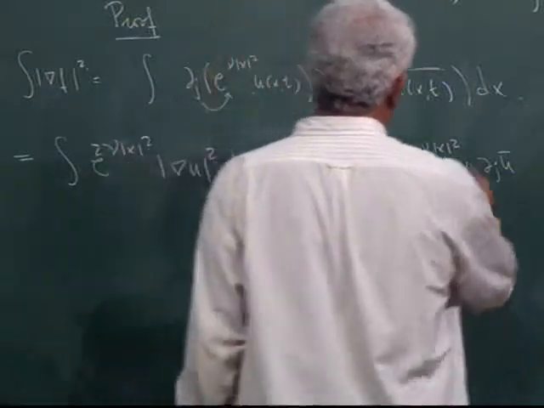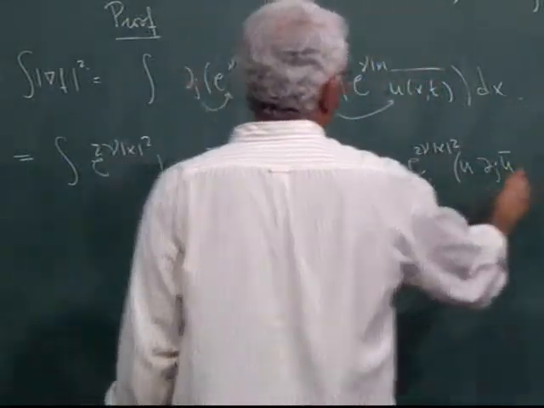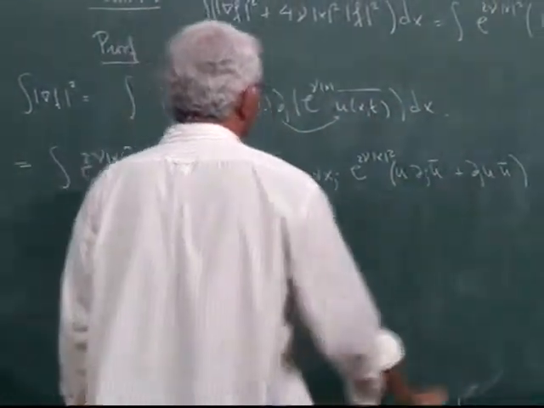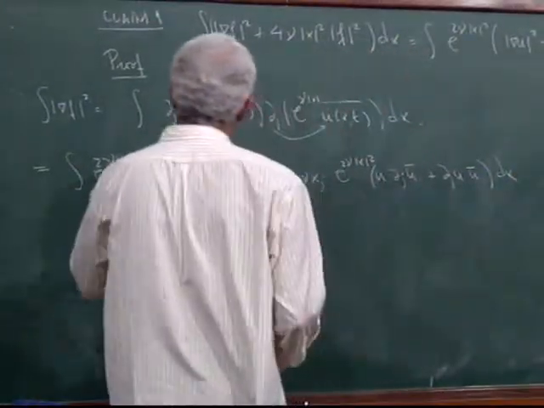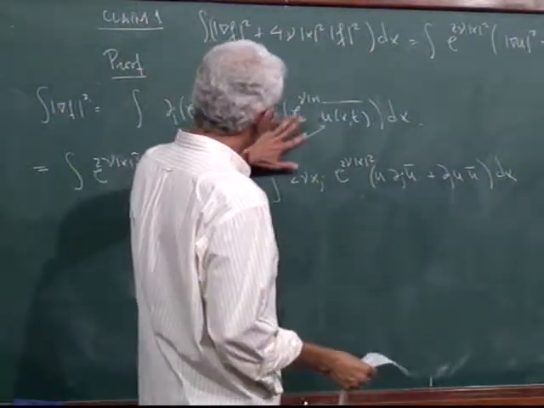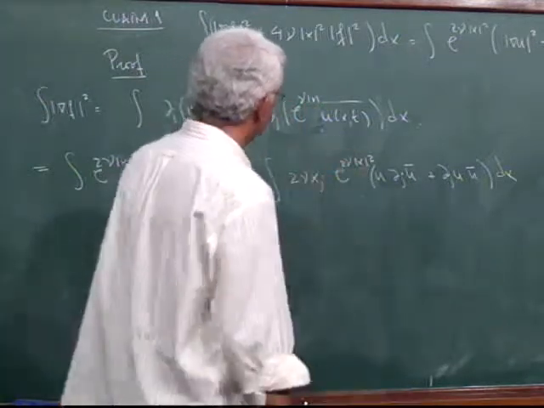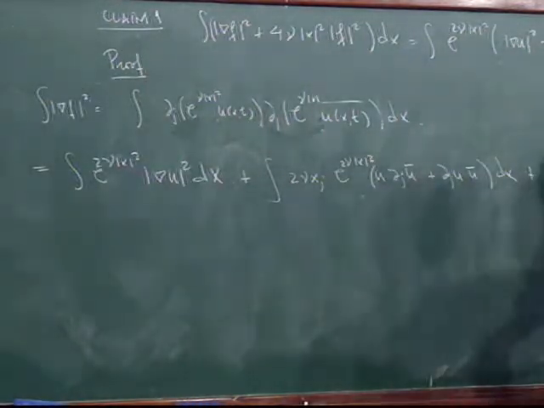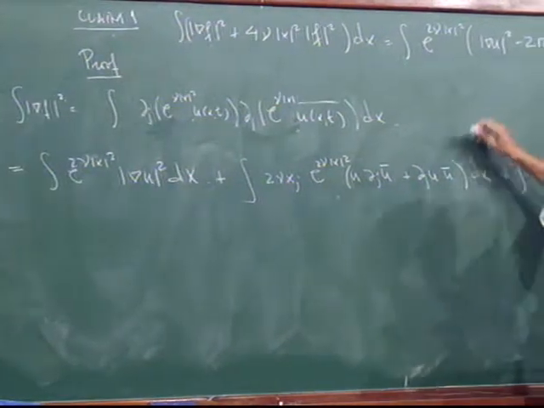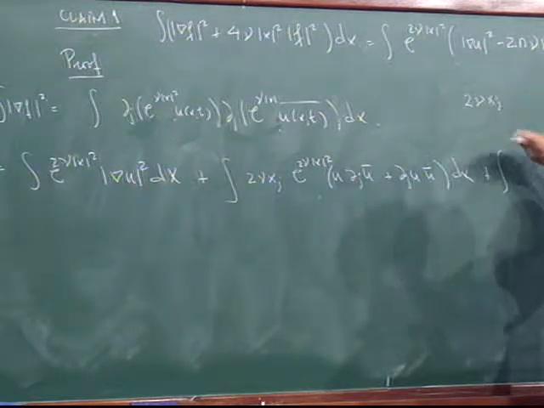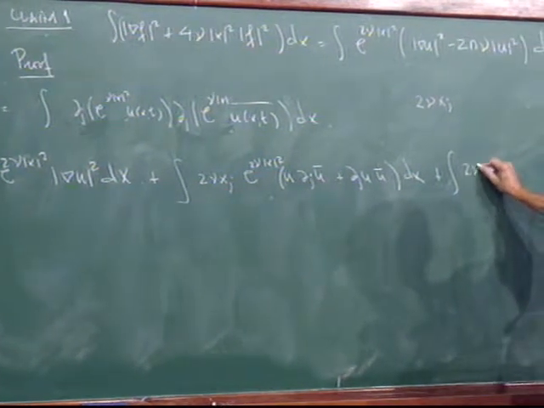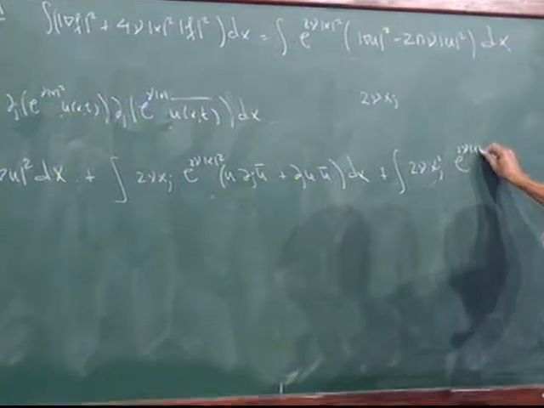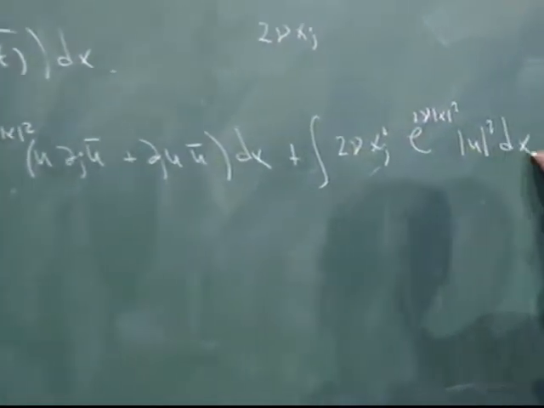And the other way around. Then one derivative hits the exponential and the other one hits u, and you have the two possibilities there. And then finally both of them hit the exponential. Then we're going to have 2 mu x sub j, right? Then it's going to be 2 mu x sub j squared e squared u squared dx.